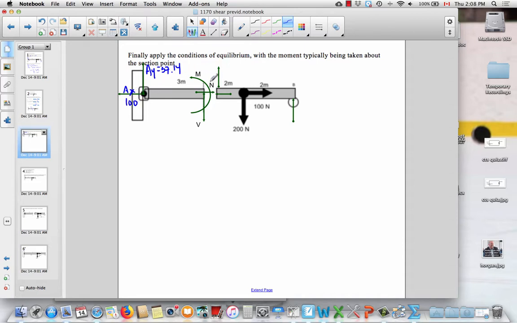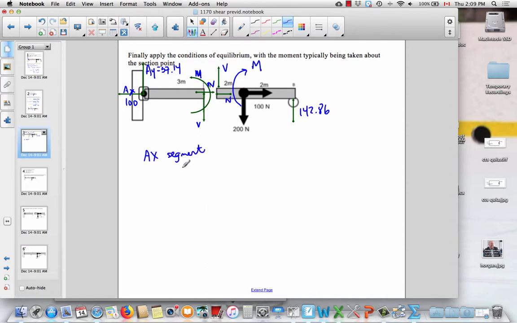Let's label these. N is to the right, here's the reaction moment, and then here's the shear force. Over here, B was 142.86, and then these would be the reactions. Action-reaction pair, action-reaction pair, action-reaction pair.